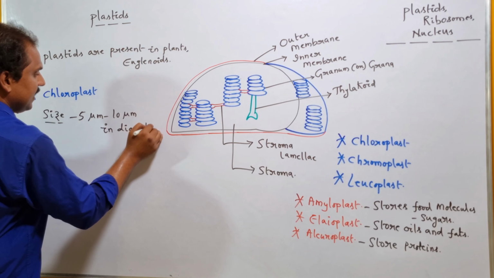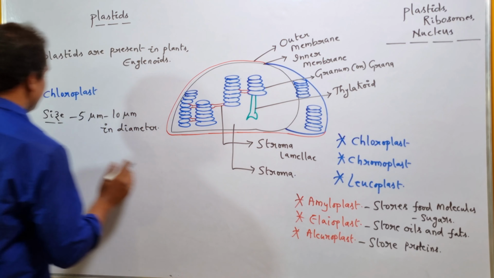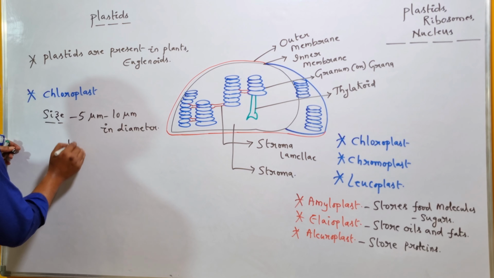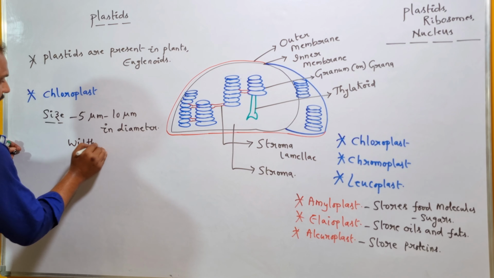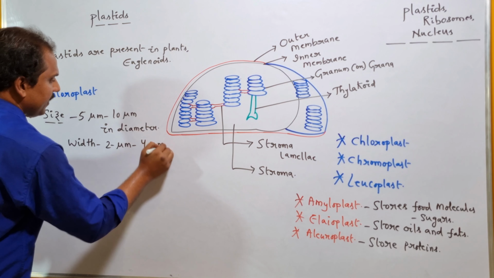And if we consider the width of the chloroplast, it relates to around 2 to 4 micrometers.